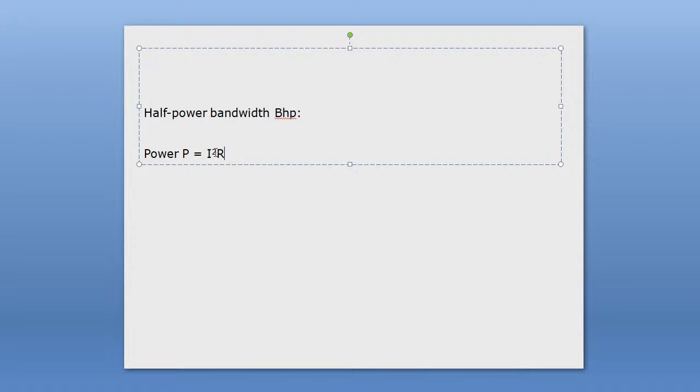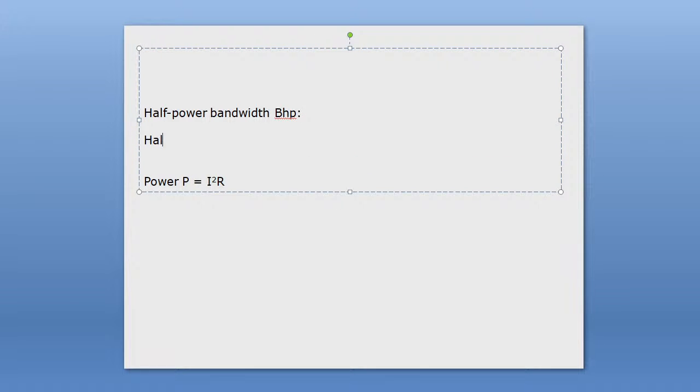Before defining it, let me tell you what half power points are. Half power points.